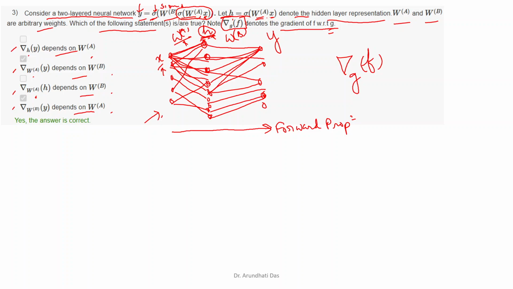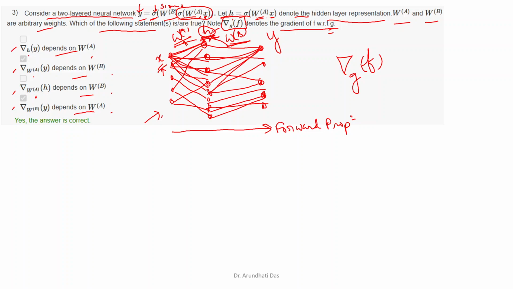Then if we go forward to obtain the y values, the neurons in the y or output layer are again dependent on the weight matrix wb, which is multiplied with h. So these are directly dependent on wb and h, and indirectly dependent on wa and x also.